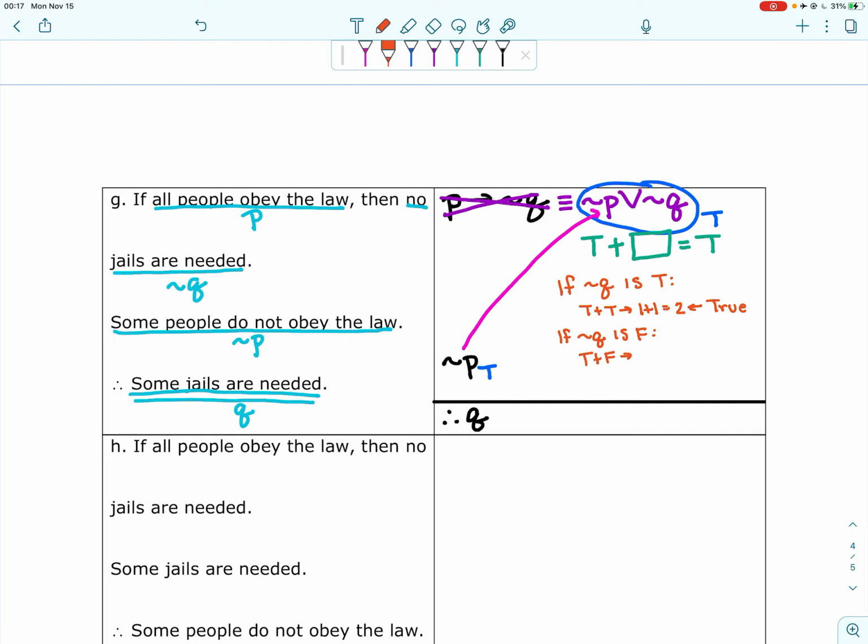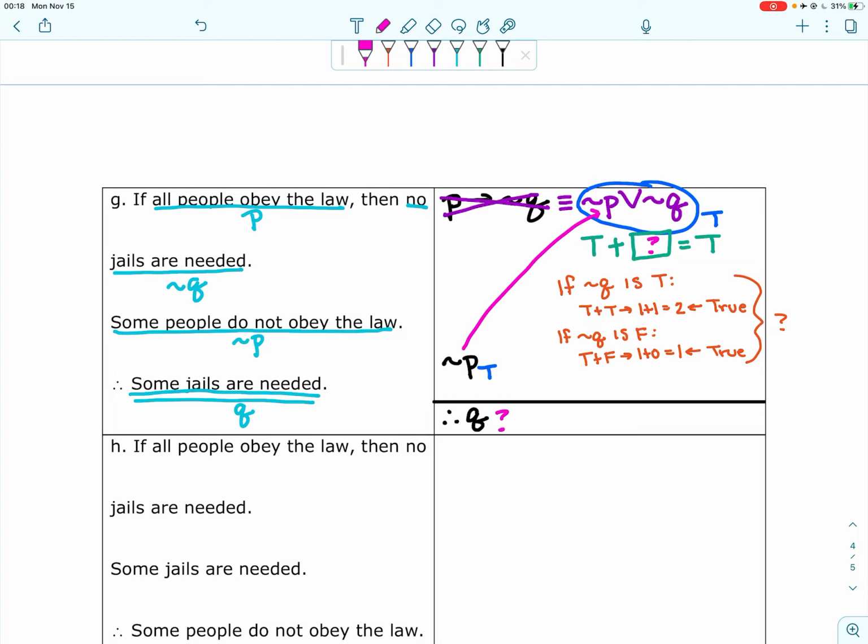True plus false. 1 plus 0, which is 1. So it's still true even if not Q is false. So no matter what I put for not Q, I could still end up with a true statement. That doesn't help me determine what not Q is. So I'm left with a question mark. I can't determine not Q.